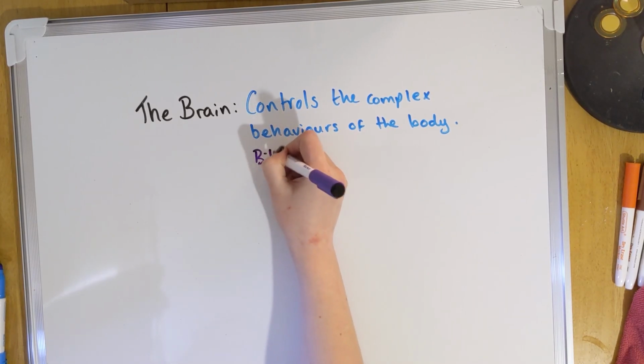But the reason why it is so floppy and mushy is because it's not made up of much other than water, fat and neurons. So you have billions of neurons within your brain and they're all interconnected and put into regions, so your brain can process a lot of information really fast, like the most complicated computer you can think of. It doesn't even come close to the brain. The brain is amazing.